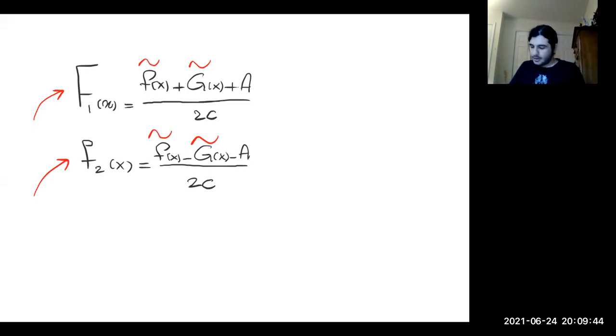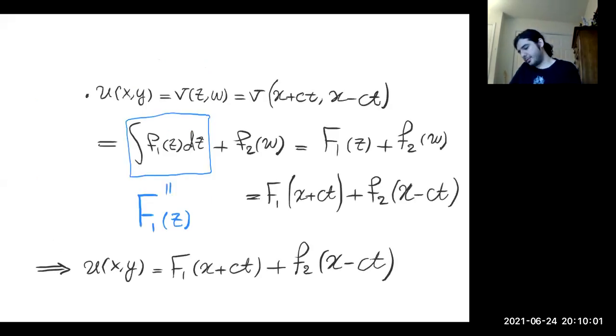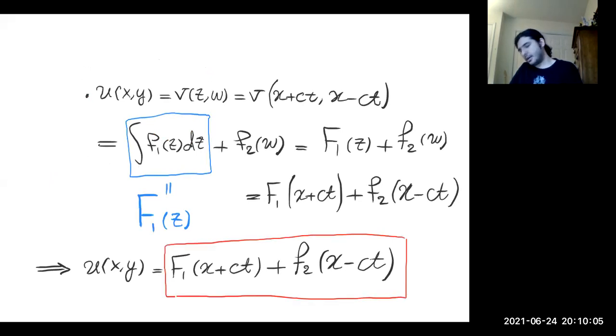So great. So let's look at the function u. The function u at the point x and t was equal to, well, what was it? Let's look at the final solution we got. It was equal to f1 of x plus ct plus f2 of x minus ct.